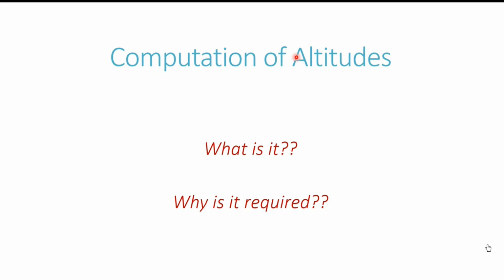But in the olden times, when we were entirely dependent upon celestial navigation as our sole method for position fixing, especially in open sea conditions, this computation of altitude was very, very important. Now, why was it important? In those days when there was no GPS, celestial position fixing was an important part of our daily routine.